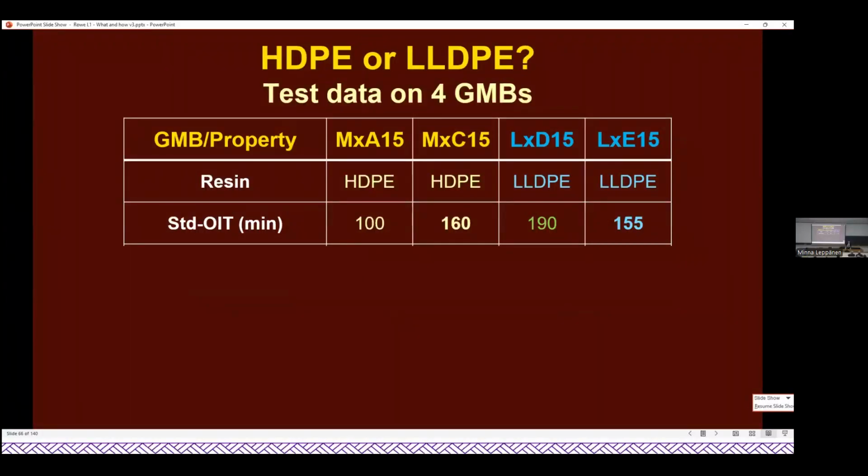And one of those is the standard OAT. It's a test we can do that picks up some of the antioxidants that are in the geomembrane. And other things being equal, if other things ever are equal, a little bit more is often better than less.